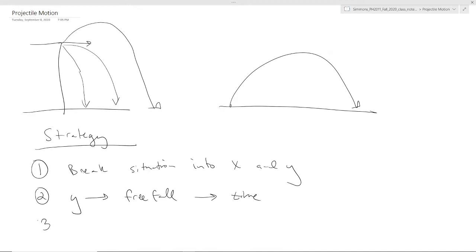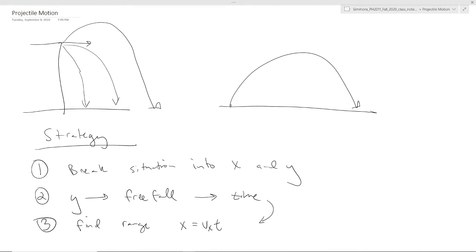And then if you have the time, you can find the range. So if you've found the x velocity, then you can multiply by the time that you find from free fall, and then you know how far your object's going to go.